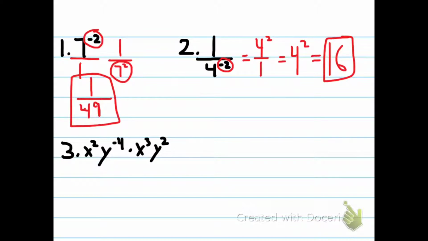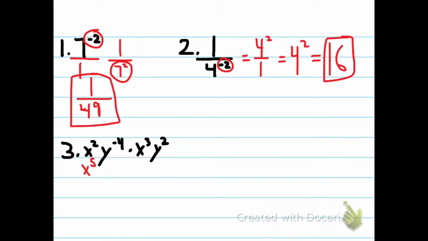So for number 3, we have to first solve it like we normally would. So x squared times x to the third is x to the fifth, and then y to the negative fourth and y squared.